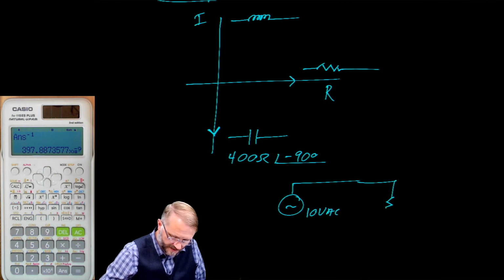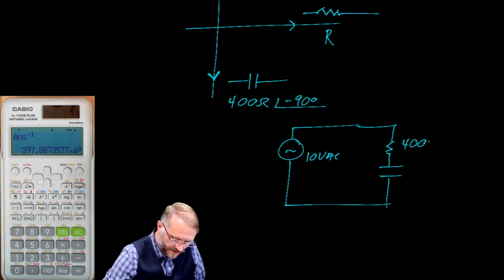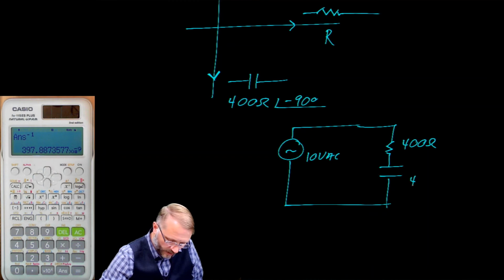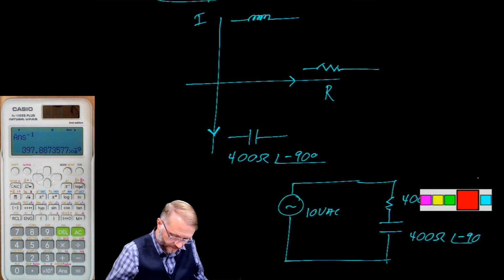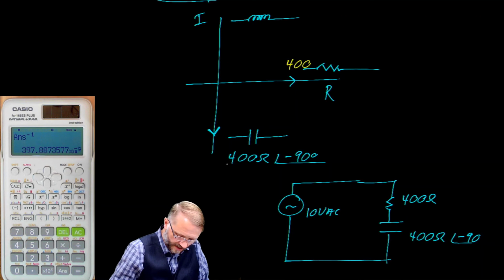That resistor, that capacitor, we said 400 ohms, and we said 400 ohms at a phase angle of negative 90. Moving back up here, we could say the resistor had 400 ohms, and again, the capacitor had 400, but at a phase angle of negative 90 degrees.